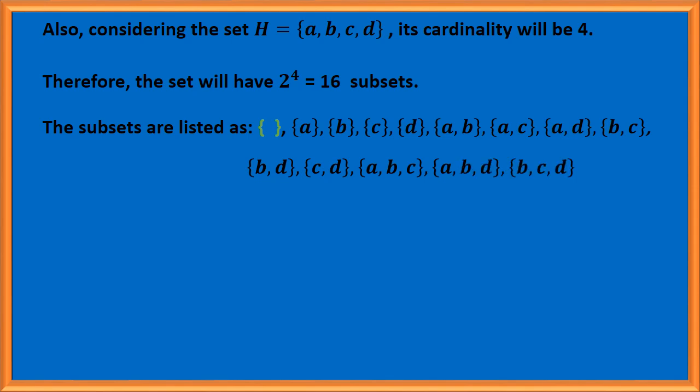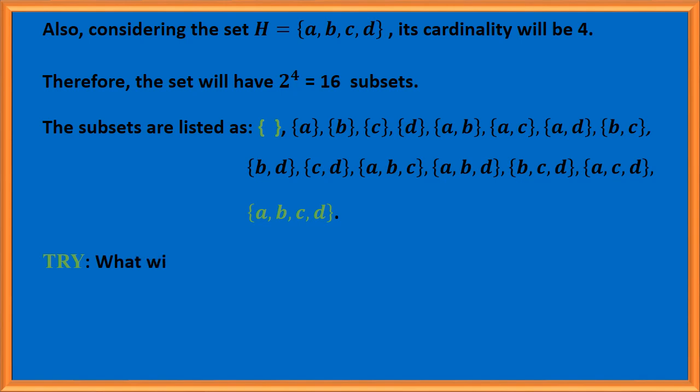Then we have any 3: ABC, ABD, BCD, ACD, and the set itself. So this becomes 1, 2, 3, 4, 5, 6, 7, 8, 9, 10, 11, 12, 13, 14, 15, 16 subsets. So this is how we find the number of subsets and the cardinality, and also list the subsets of any given set.